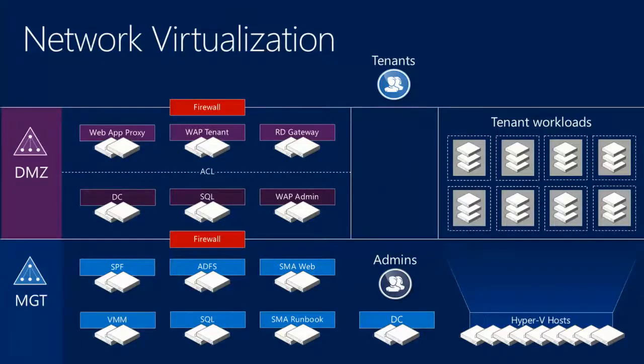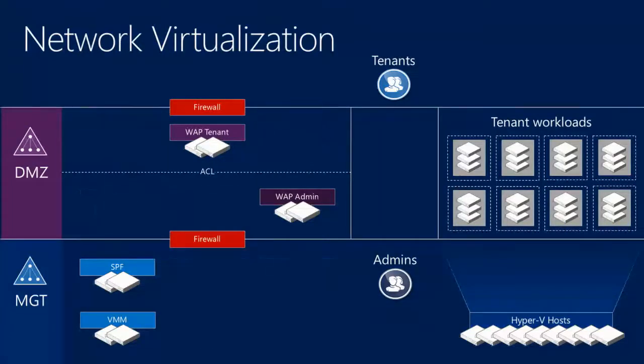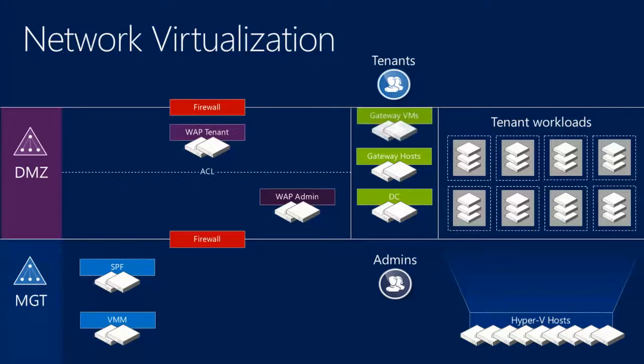The recommended configuration for network virtualization is to have, yes, another domain. A separate domain where you'll install two Hyper-V hosts, which are dedicated for the gateway. And on top of that, you can create VMs that will act as gateways, and you can have multiple VMs and multiple gateways on top of those gateway VMs.